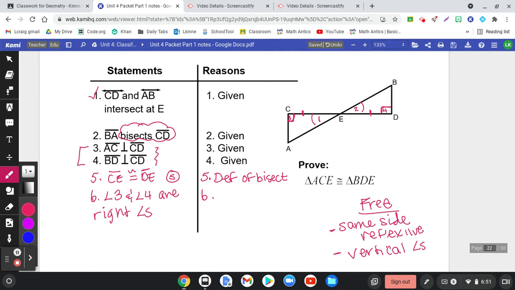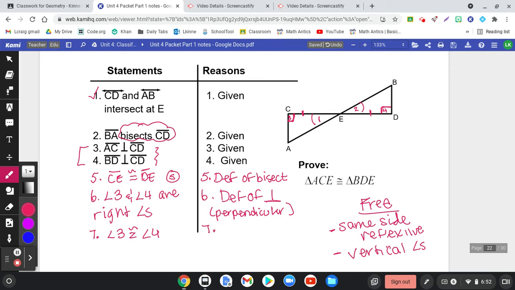Well, that was right here: definition of perpendicular. And using the symbol is perfectly fine, but if you'd rather write out the word, you can. So now, because they're right, all right angles are 90 degrees. All right angles are the same. So we can say angle 3 is congruent to angle 4.